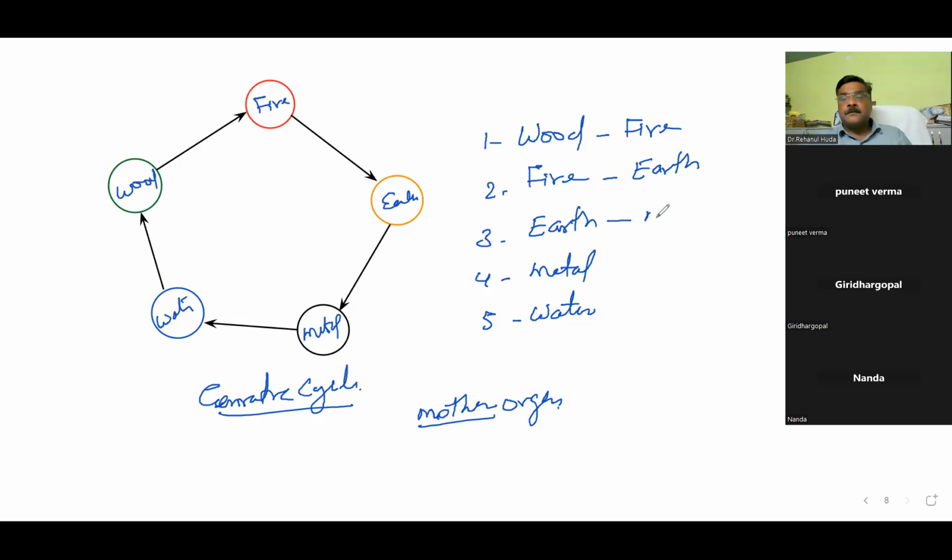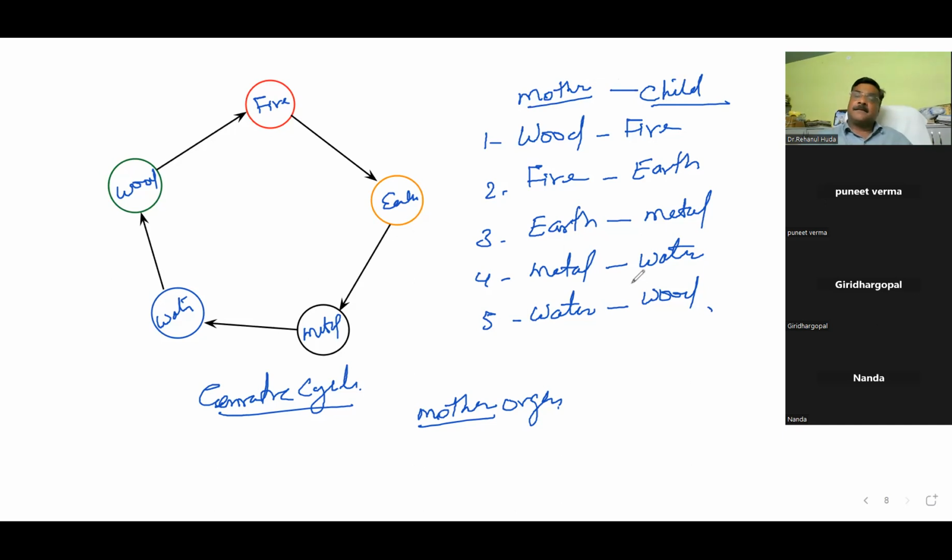Earth is nourishing metal, and metal is nourishing water, and water is nourishing wood. You can say these elements are child elements, and these elements are mother elements, and this relation is the mother-child relation.